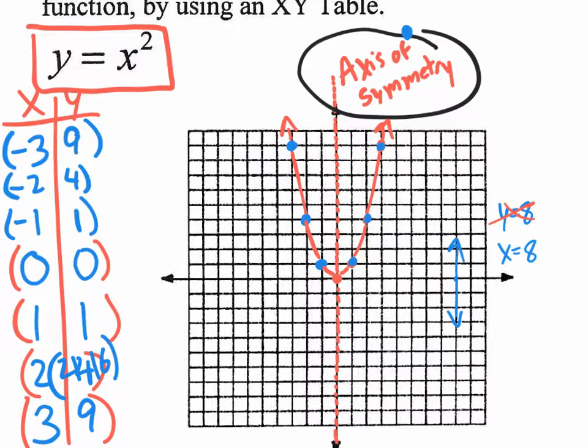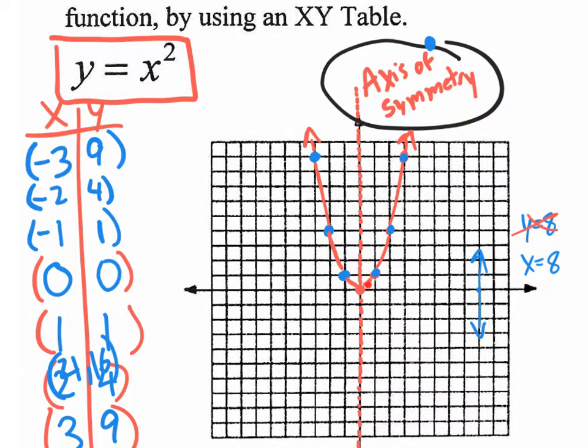Even though it looks like it curves up, it never goes straight up. It continues this way forever, and it also continues this way forever. Okay? Because you could plug in any number you want for x, and you could square it, and you get a super high number for y. Make sense? And that'll come into play when we start talking about domain and range later on.